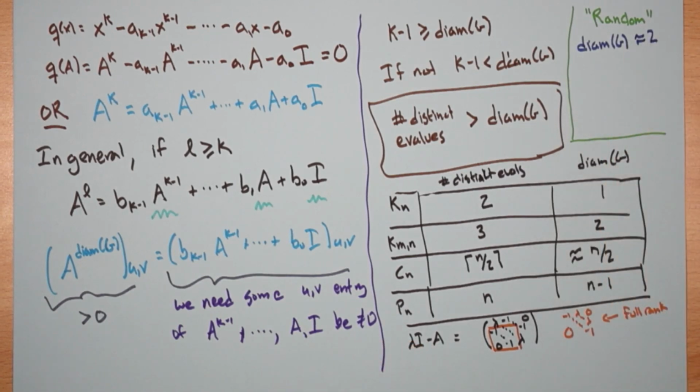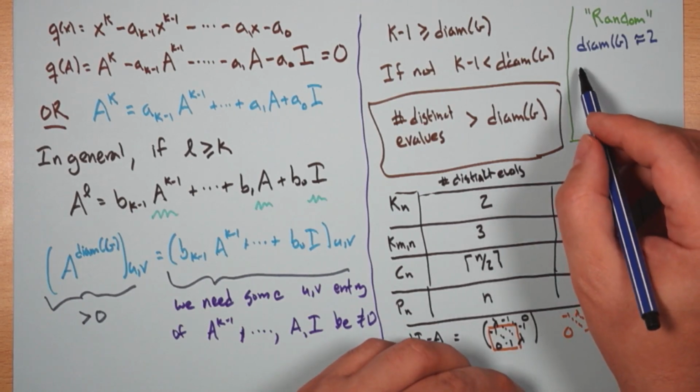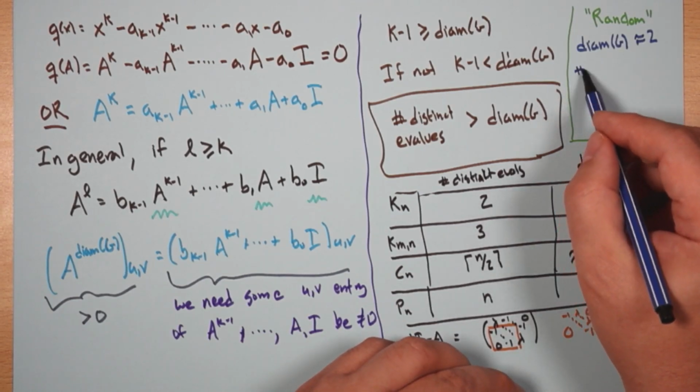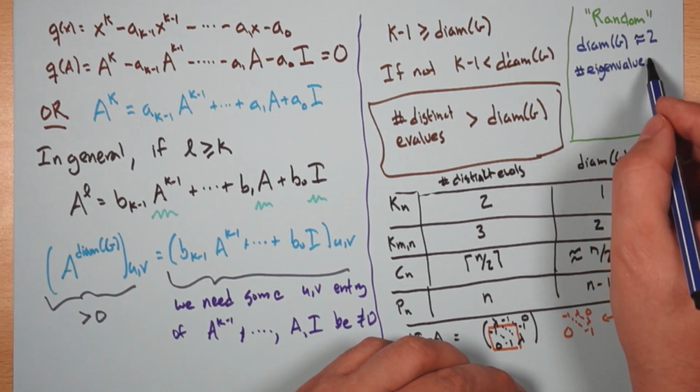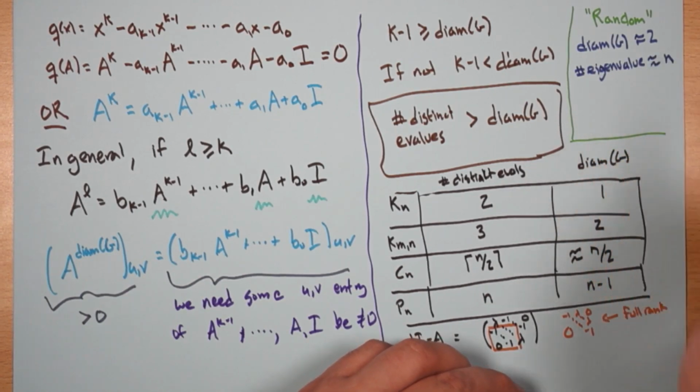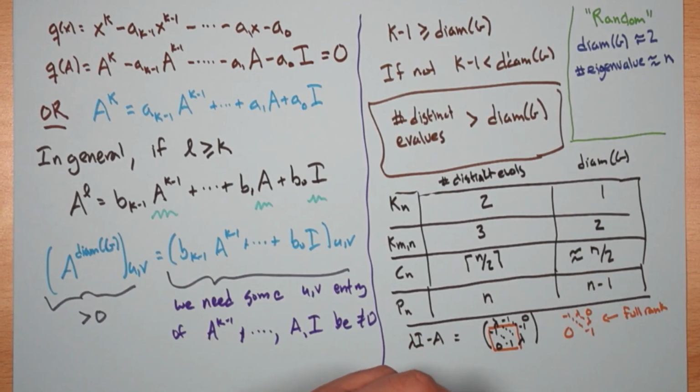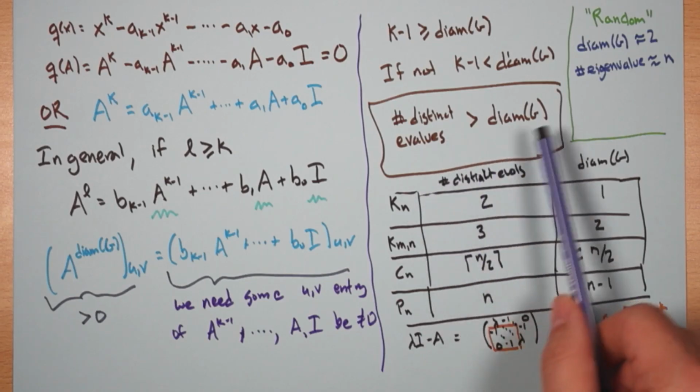So it's very short, but the number of eigenvalues is very high. Roughly, you have a full set of eigenvalues, and so you'll see that you actually get a pretty big spread.